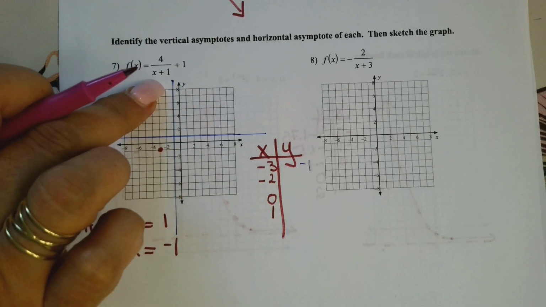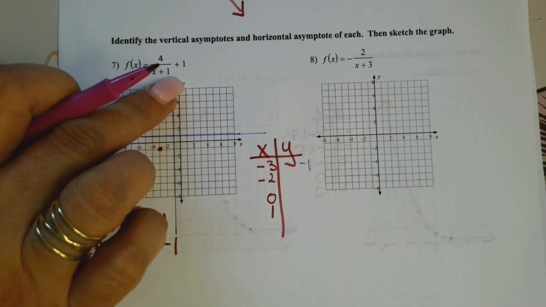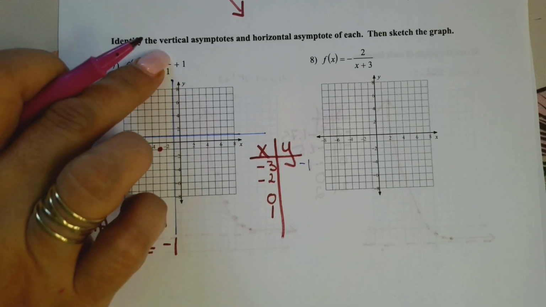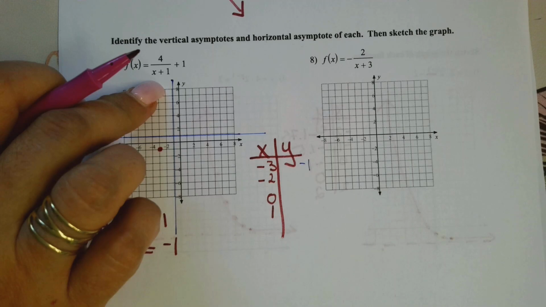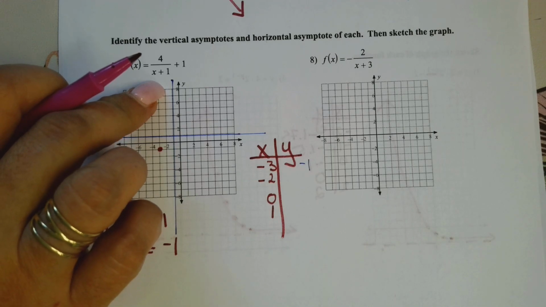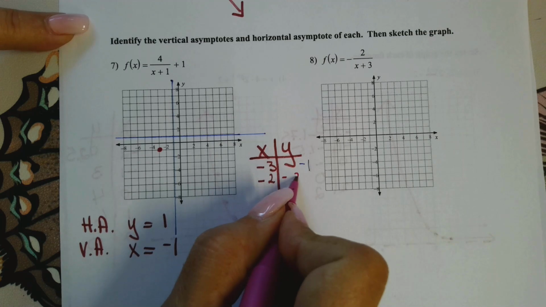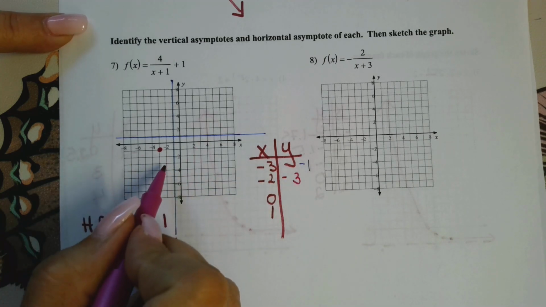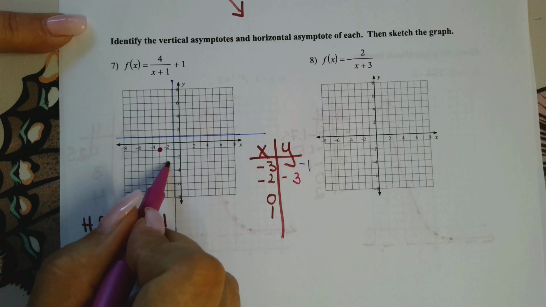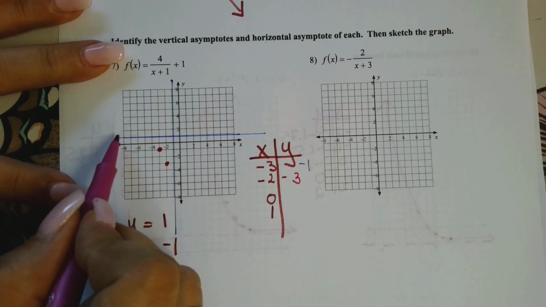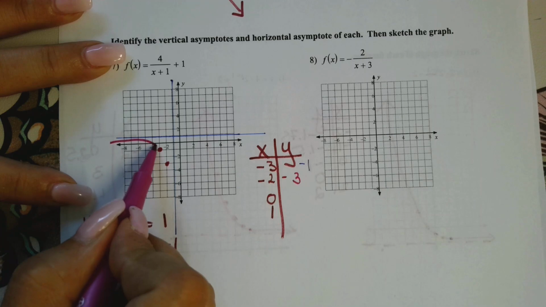I plug a -2 in. -2 plus 1, that's -1. 4 divided by -1 is -4. Plus 1 is -3. So at -2, I am at -3. And I have enough to know what's going on here.